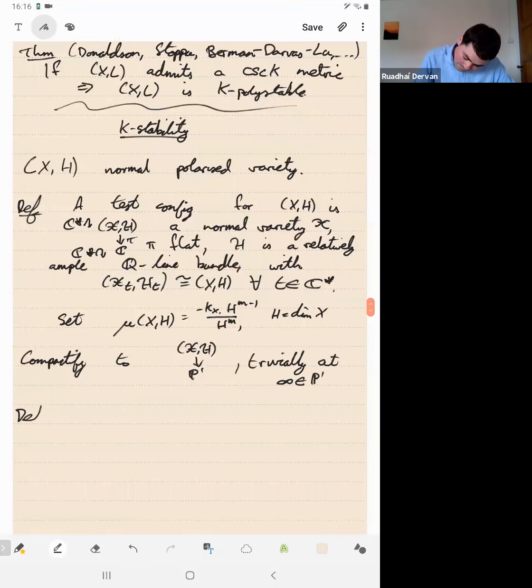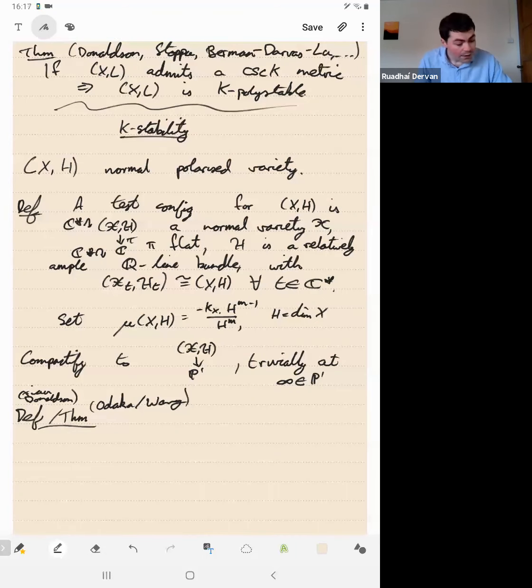And the definition of the Donaldson-Futaki invariant, which is really a reinterpretation of the original version due to Tian and Donaldson, the generalization, this theorem is due to Odaka and Wang independently, is that the Donaldson-Futaki invariant has the following intersection theoretic definition. It's n over n plus 1 times mu of (X, H), this topological constant, times H^(n+1), plus H^n dot K_{X/P1}.